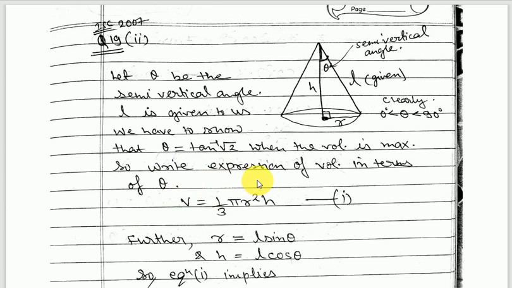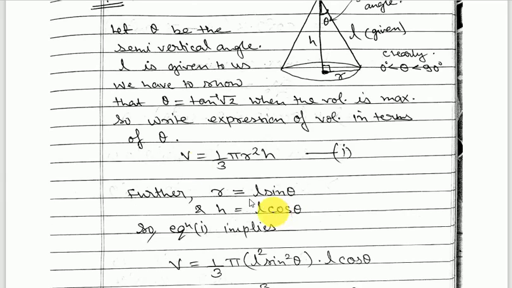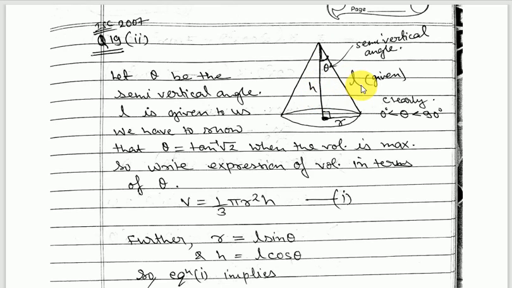So V equal to 1 by 3 pi r square h. Here r is the radius, h is the height, L is given to us, and this is theta.